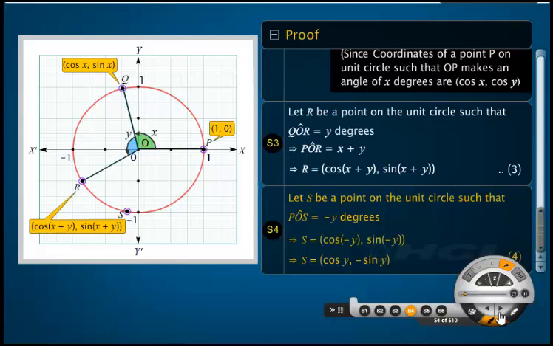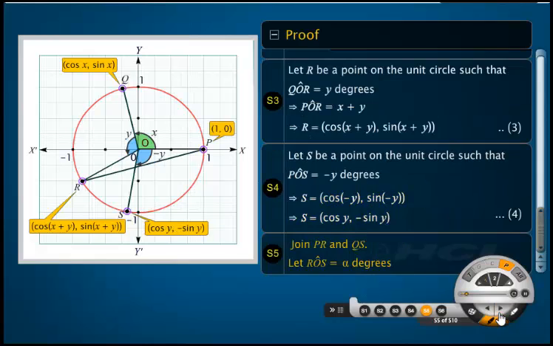And let S be a point on the unit circle such that the angle POS equals minus y degrees in the clockwise direction. Thus, the coordinates of the point S are cos minus y and sin minus y. Join PR and QS. Let the angle ROS equal alpha degrees.